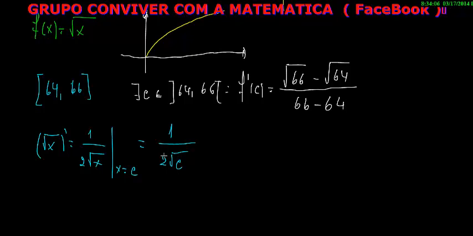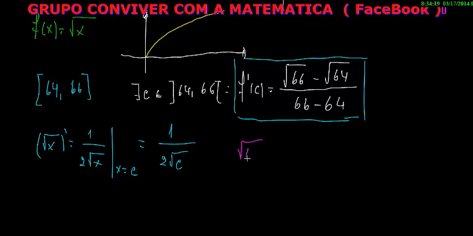Okay? So if I take this equality over here, I think it is very simple to understand that square root of 66 minus square root of 64 over 2, because 66 minus 64, equals 1 over 2 square root of c. Okay, it is very nice.